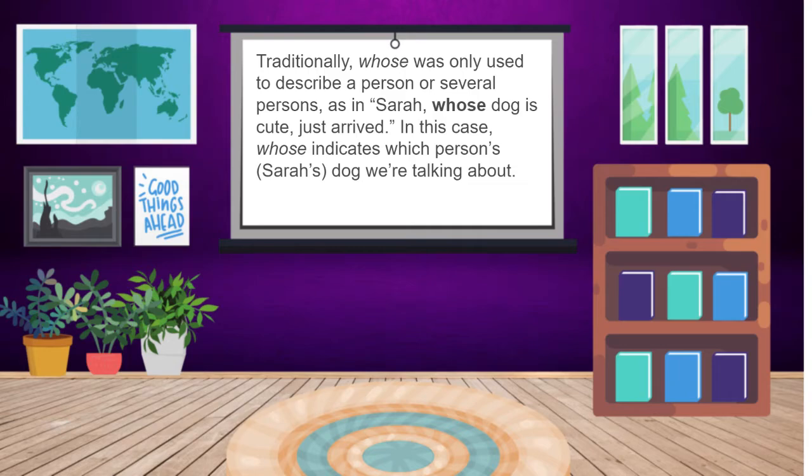Traditionally, whose was only used to describe a person or several persons, as in Sarah, whose dog is cute, just arrived. In this case, whose indicates which person's dog we're talking about. And yes, in that sentence, we are talking about Sarah's dog.